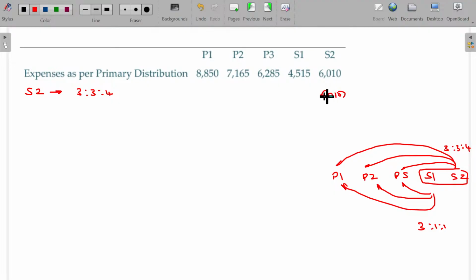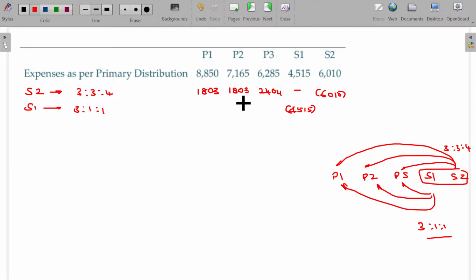6010 is subtracted. Distribute to these 3 departments in this ratio: 1803, 1803, 2404. S1 to the other departments, 3:1:1 is the ratio: 45, 15, 15.